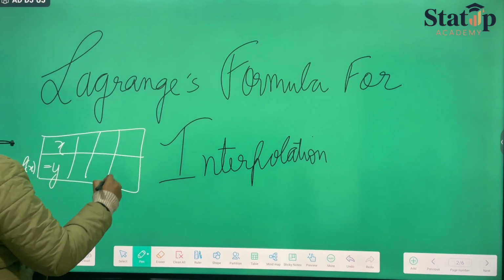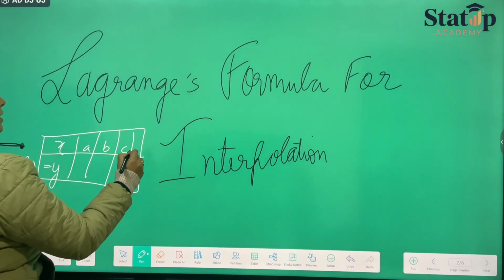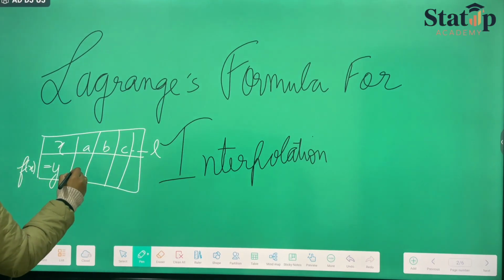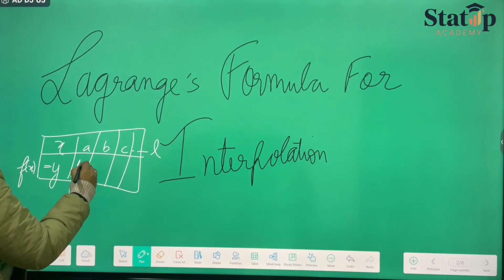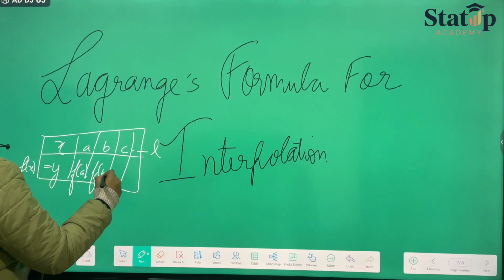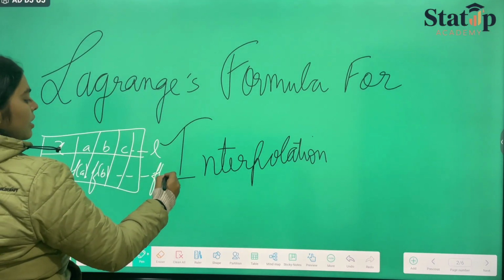So x values a, b, c and so on till l, and the values are given as fa, fb, fc and so on till fl.